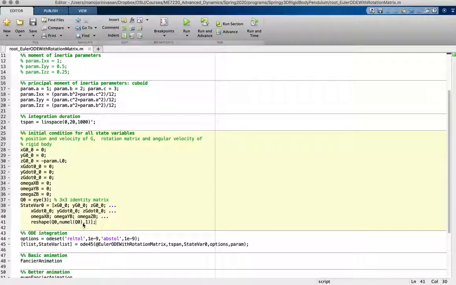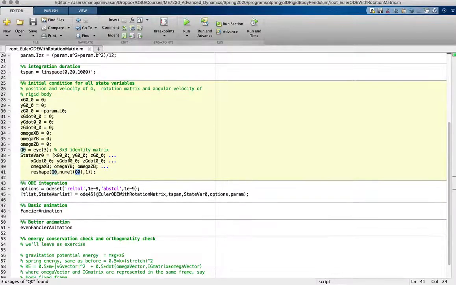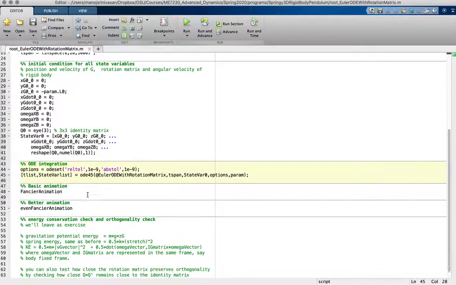Of course, Q naught has 9 elements, but if you want to do this for a more general matrix, then you can just use the number of elements, which is going to be 9, comma 1. Okay, so those are the initial conditions, what the state of the system looks like initially, and then we just integrate the ODEs and then do an animation, perhaps an even better animation. Then we can do some checks.